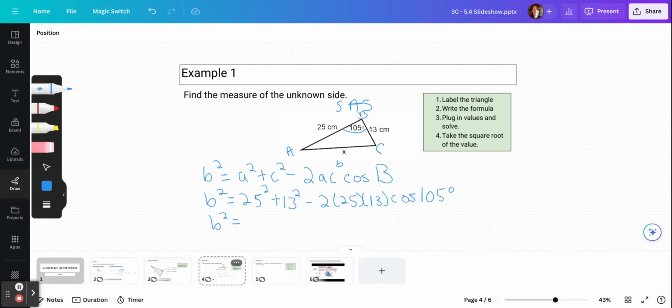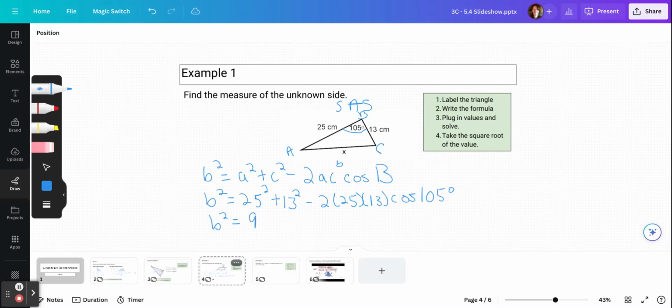Now you want to be able to do all of this on your calculator. You could do it in each individual part and write down the numbers, but that becomes very tedious. Depending on your calculator, you may have to start with the cosine of 105, then multiply by 13, multiply by 25, multiply by -2, and then add 13 squared and add 25 squared. Or on many calculators, you can type it exactly as is.